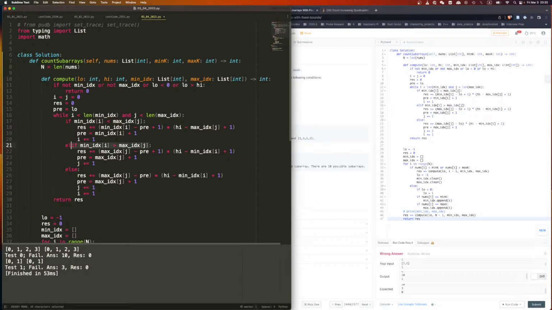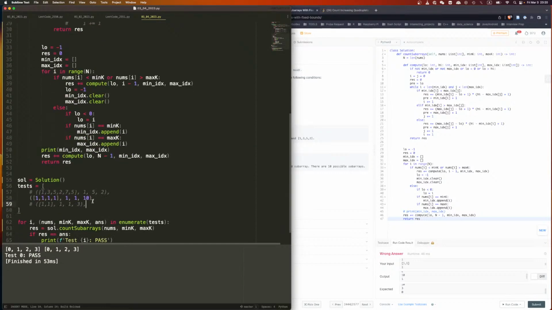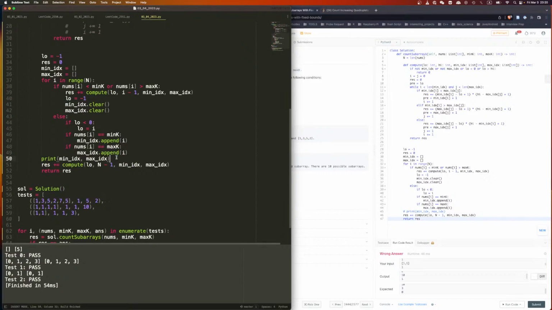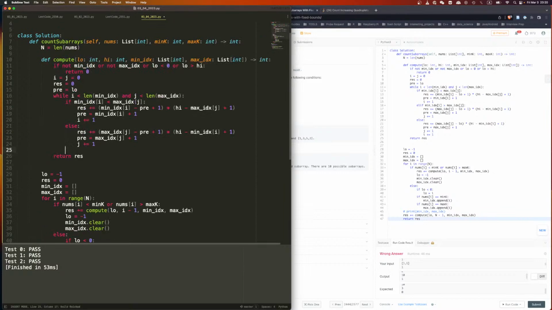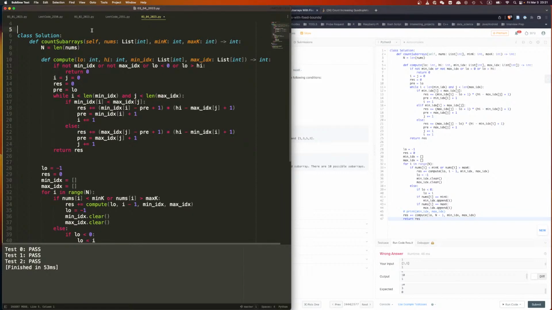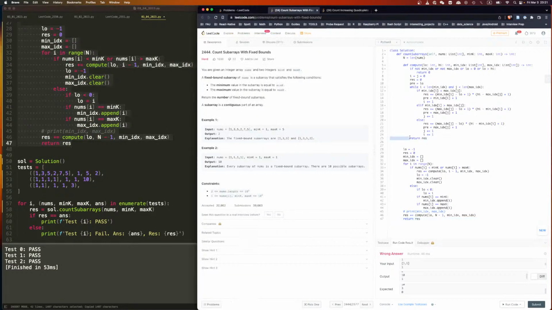I think that's the reason why it's wrong. Supposed to use pre. I accidentally write low. That was the reason.